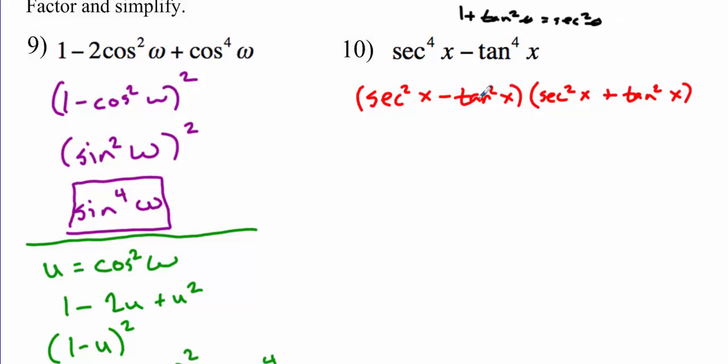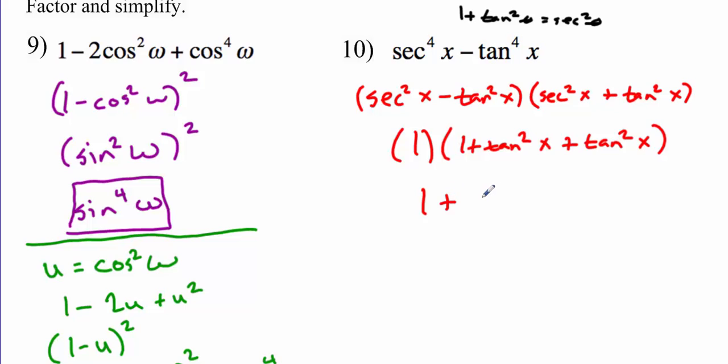So secant squared x minus tangent squared x, well, that's 1. That's convenient. And you know what else I could do? I mean, look at this. It says right here, secant squared is 1 plus tangent squared. So what if I rewrite that secant squared as 1 plus tangent squared x, and I still have that other tangent squared x over here, and all of a sudden it became, well, marginally simpler.